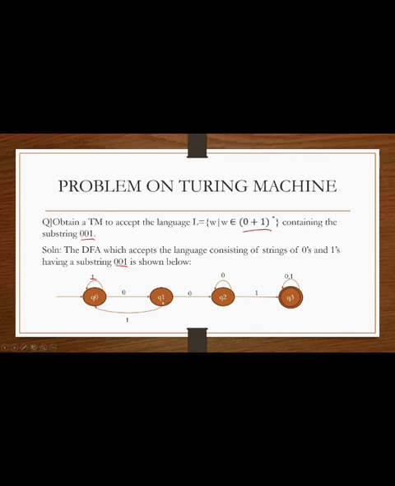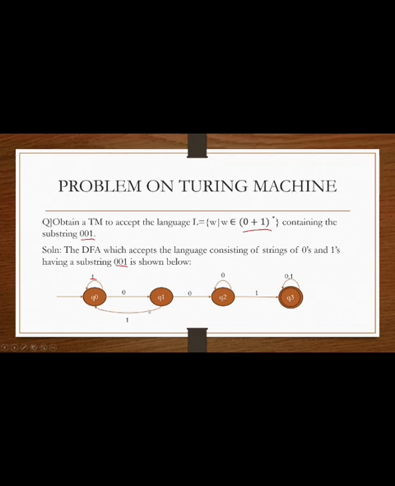Now, the transition from Q1 on 0, it moves to the state Q2. As we have seen, 00 is in the pattern. We have matched the first two characters of 001. On input 1, it goes back to the Q0 because 01 is not in the pattern.